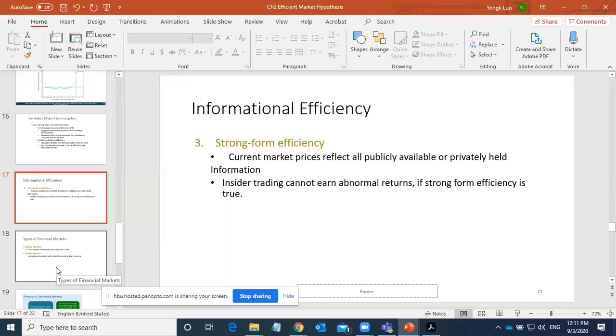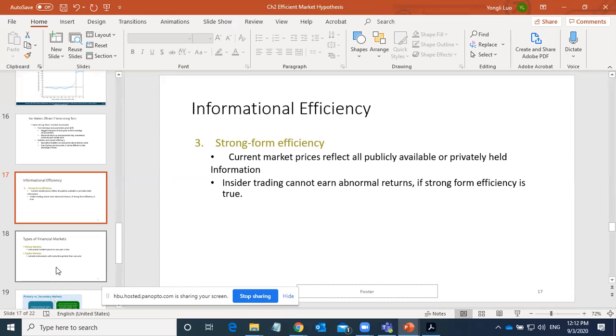Strong form says the stock price reflects all the public information and the private information. And all the people, they disagree. If you have private information, you can make money.